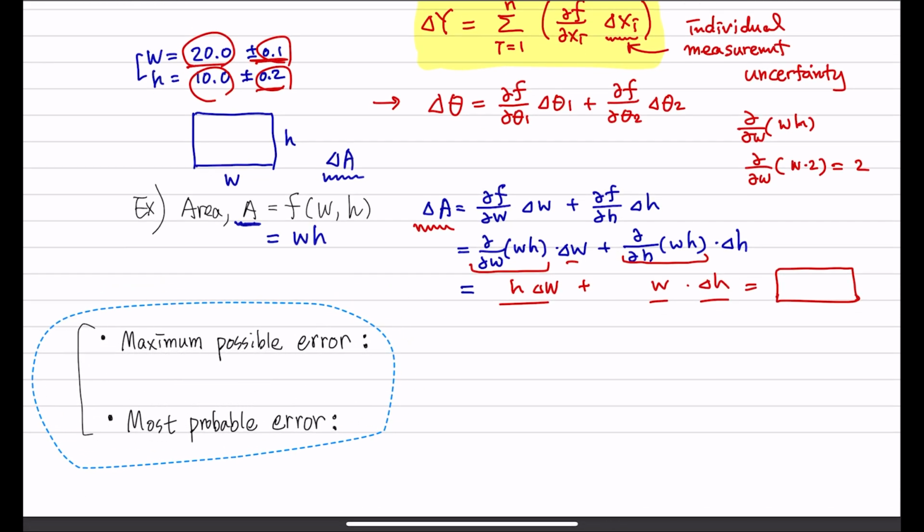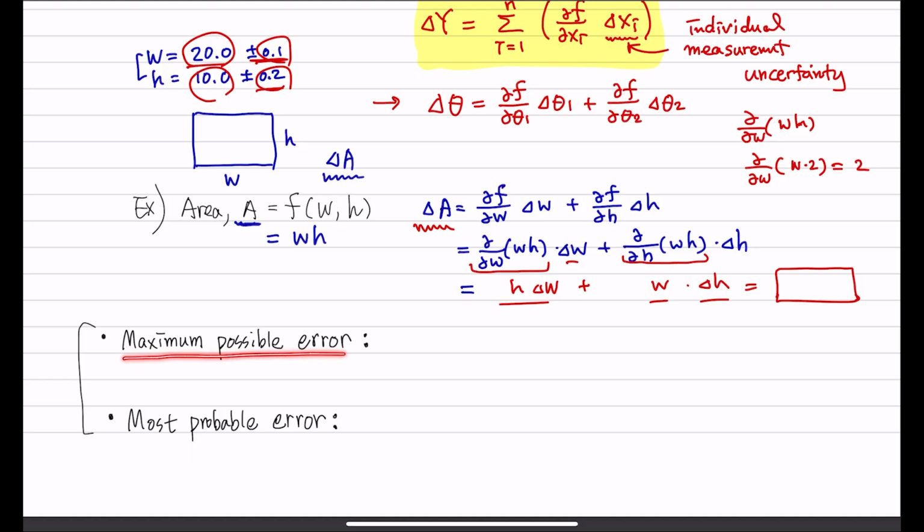There are two types of definitions we have here, again, maximum possible error and most probable error. This is Y ABS, and the way you obtain this guy is, and Y RSS.